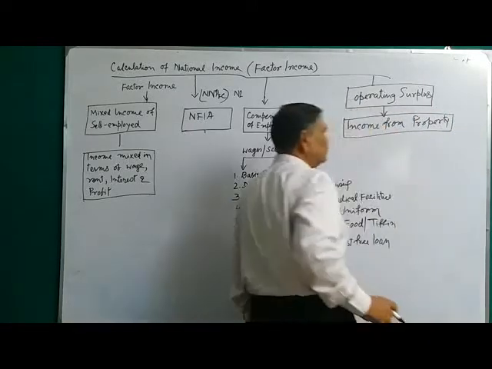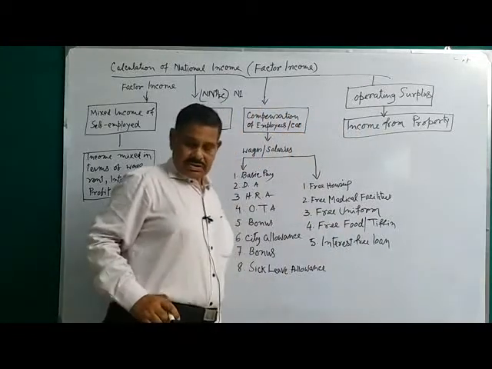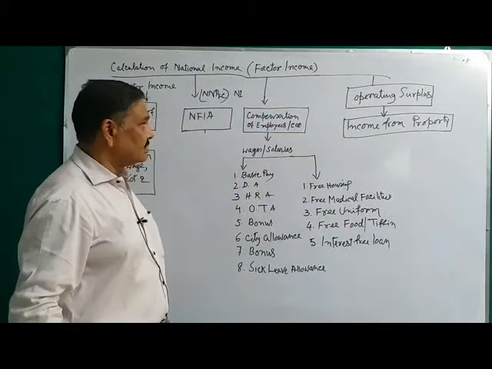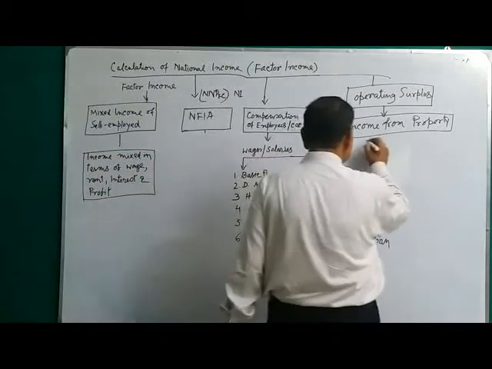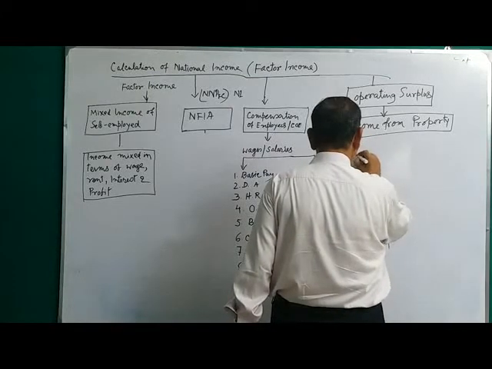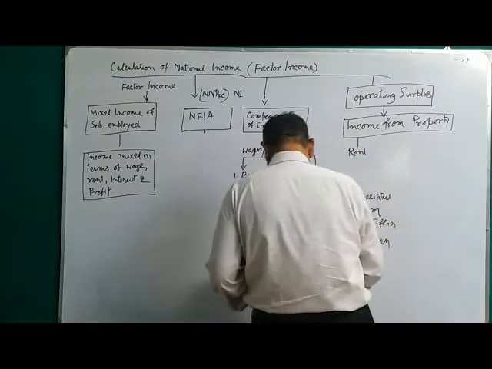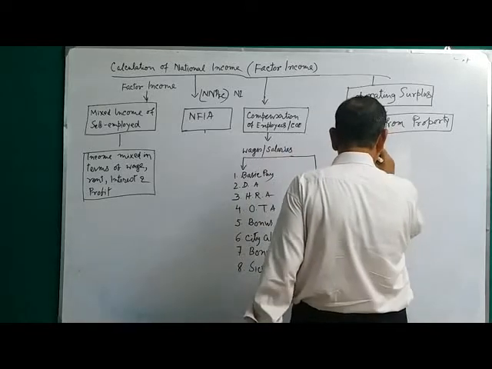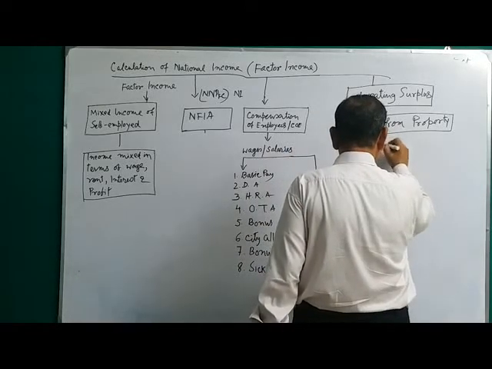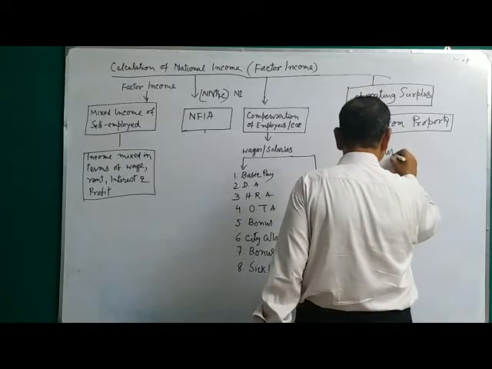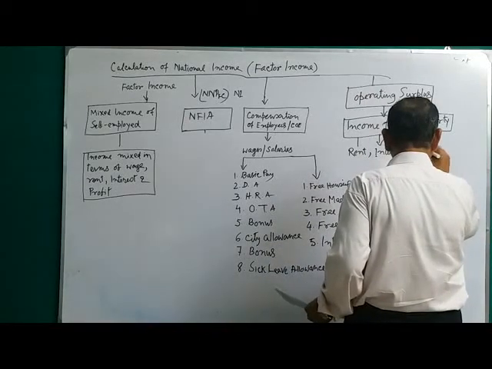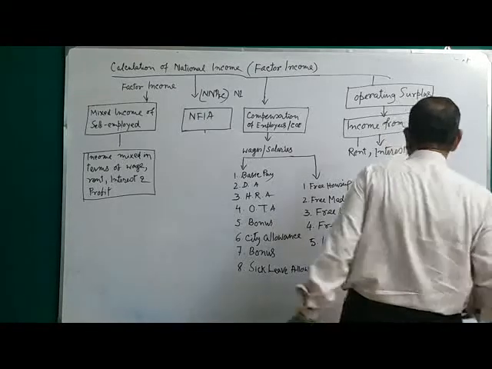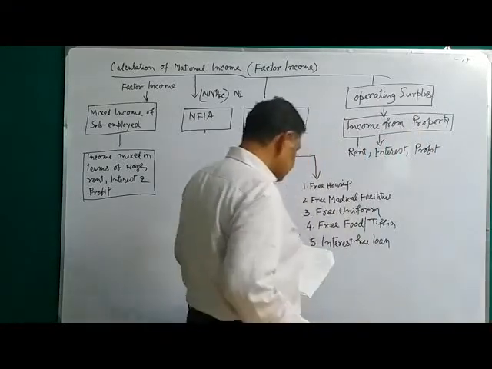If you have land or a building that can be rented out, then you will get rent. If you have money to lend as loans, you will get interest. Then if you have capital, then profit. So income from property is rent, interest and profit.